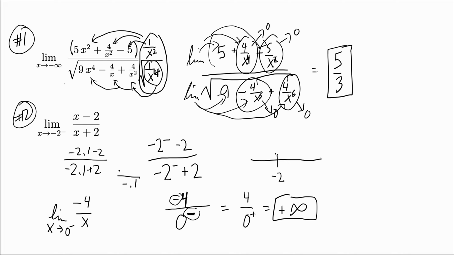On the top you have like a negative 4.1, and so that's going to be positive over positive. You're dividing 4.1 by 0.1, which is the same thing as multiplication by 10, so it becomes 41, which is a lot larger than what we had before. And as you keep on doing numbers that are closer and closer to negative 2 on the left side, you'll notice you're going to get bigger and bigger positive numbers, and then you can deduce that it'll be positive infinity.